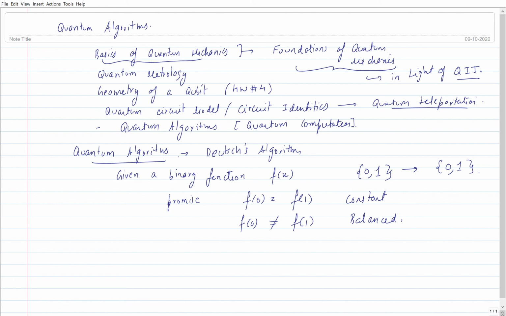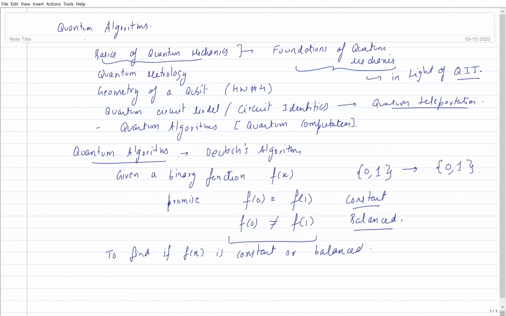So imagine we are playing a game and I tell you that you have to tell me whether the function is a constant or a balanced function. So the task is to find if f(x) is constant or it is balanced.